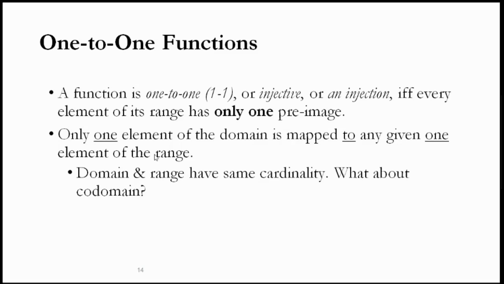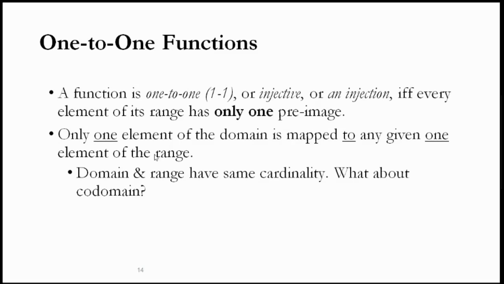A function is one-to-one or injective or injection if and only if every element of its range has only one pre-image. That is exactly one-to-one mapping. Only one element of the domain is mapped to any given element of the range.